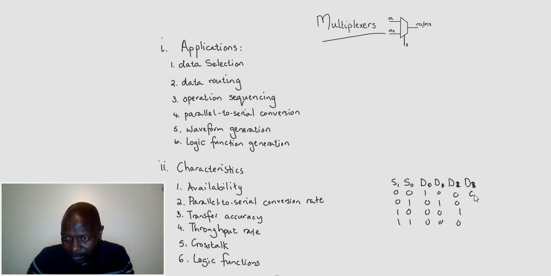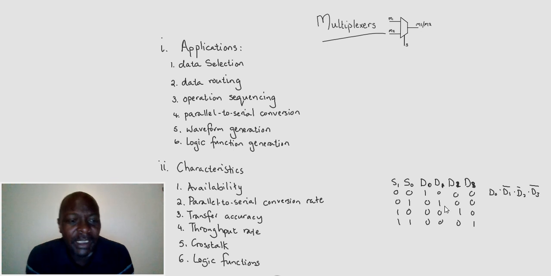Because this here can work out to D0 not, D1, and not D2 and not D3. So this is basically a logic function. Each and every one will have its own characteristic output there, and obviously these are logic functions, right?